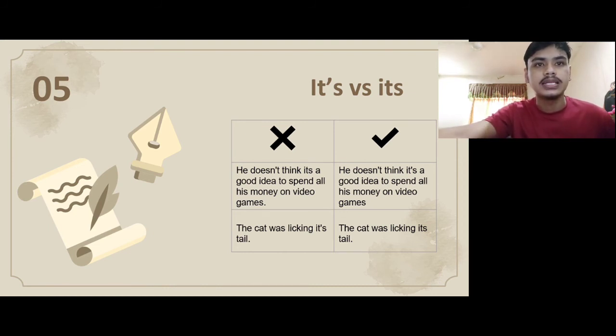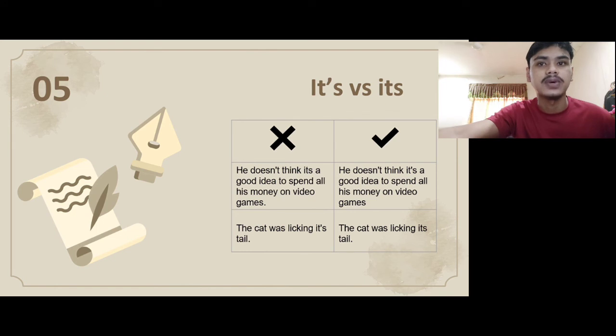So the correct sentence is, "He doesn't think it's a good idea to spend all his money on video games." Next example is, "The cat was licking it's tail," which is incorrect. The correct one is, "The cat was licking its tail," without apostrophe. Why? Because the tail in the sentence belongs to the cat, so it takes its without apostrophe to make it right.